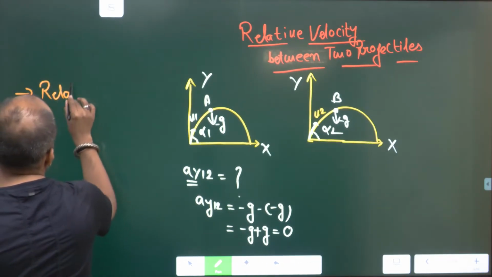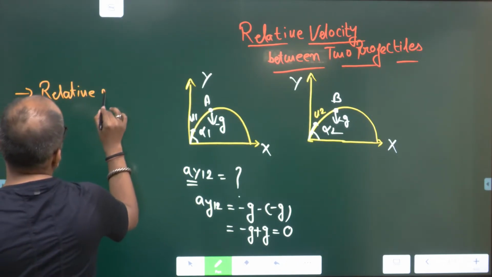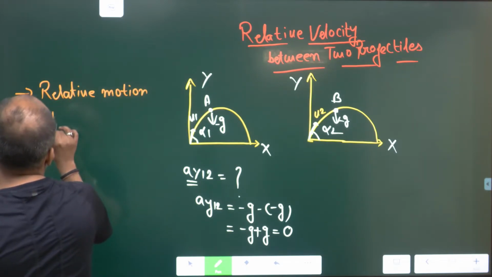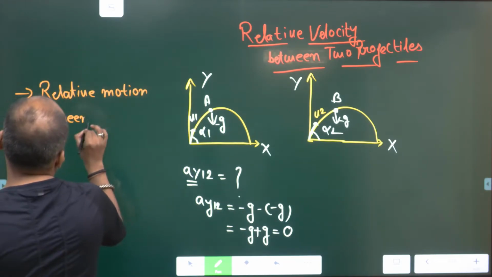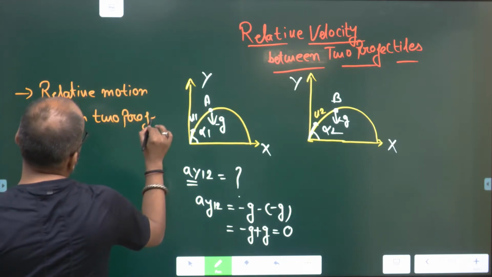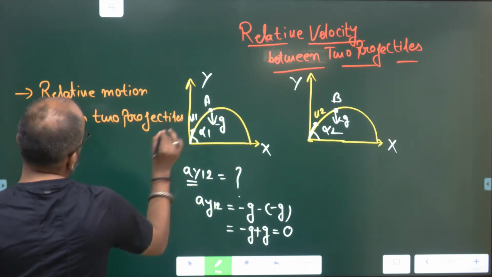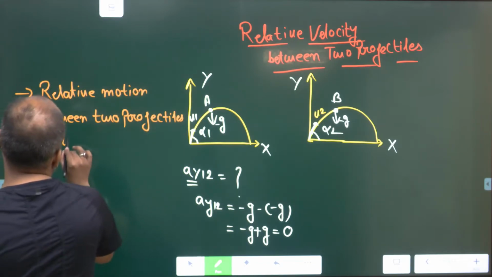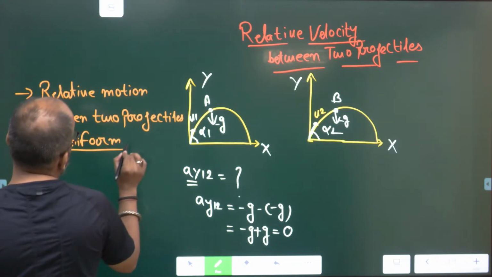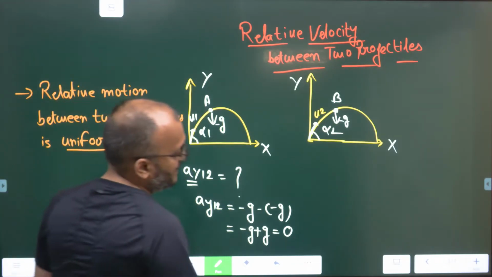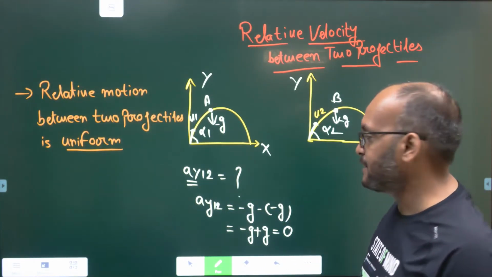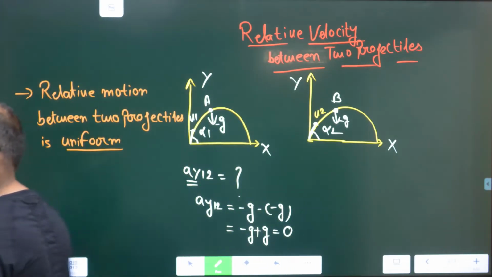Relative motion between two projectiles is uniform. Why? Because no acceleration is there between two of them. No relative acceleration is there. Understood? Is this clear?